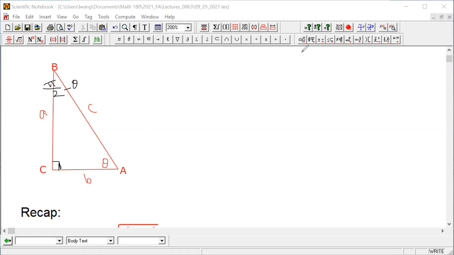Now, what is the tangent of pi over 2 minus theta? This is the angle pi over 2 minus theta, so tangent of it will be the opposite over adjacent.